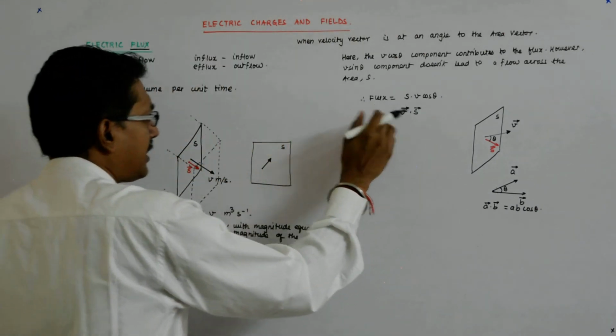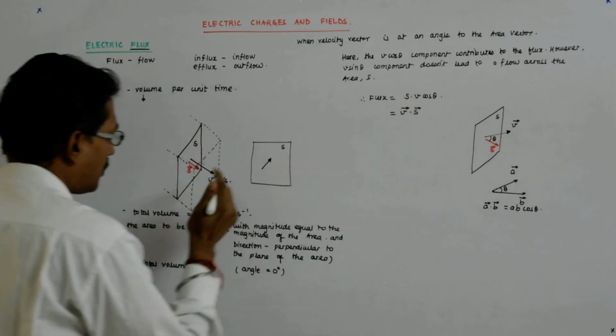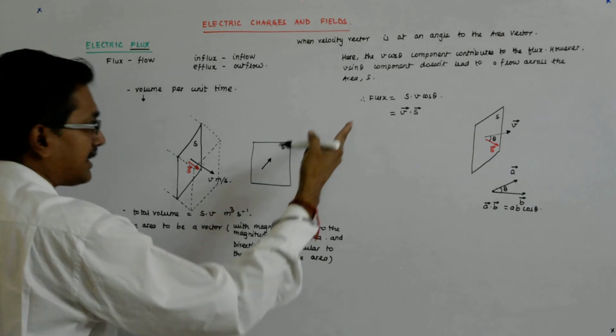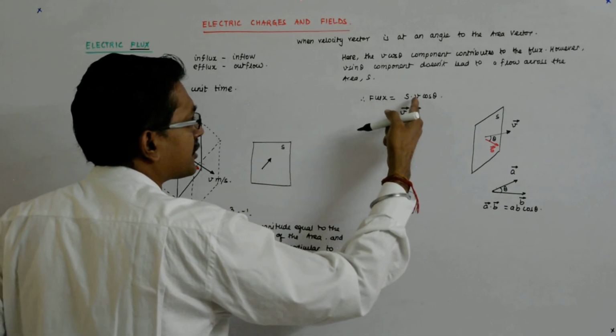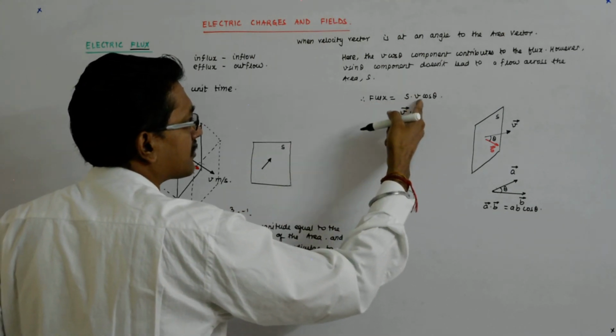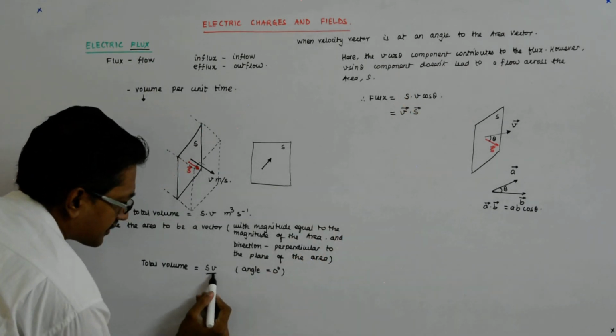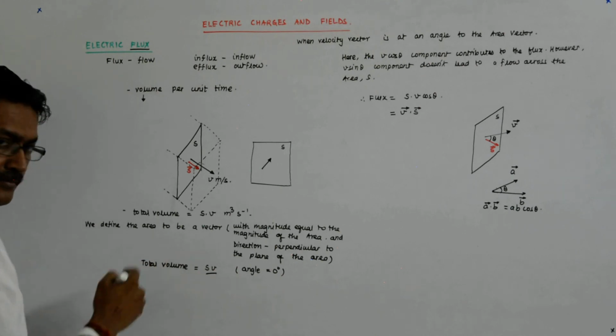Now just let us see, if this theta was 0, then cos 0 is 1, then this reduces for theta equal to 0 as S into V, which is this. Okay?